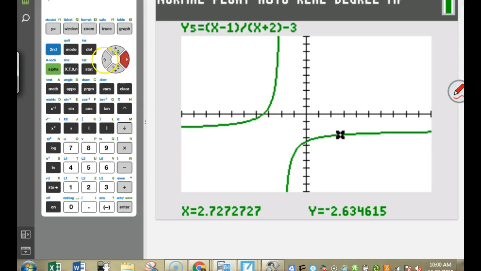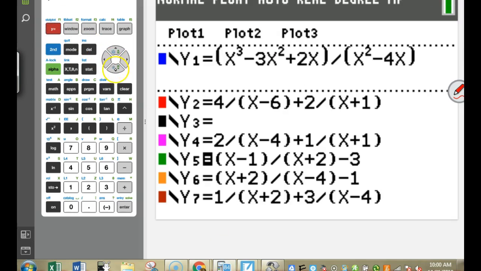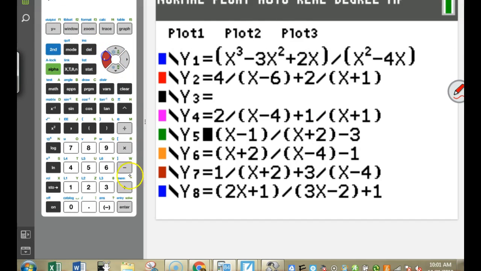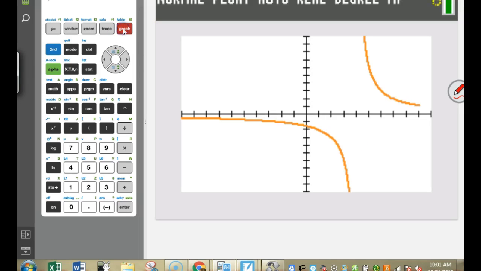I think I did type the original one in. Let's see if it agrees with what we just said on the sign chart. Yep. So I typed x plus 2 over x minus 4, and then I just subtracted 1 over to that side.